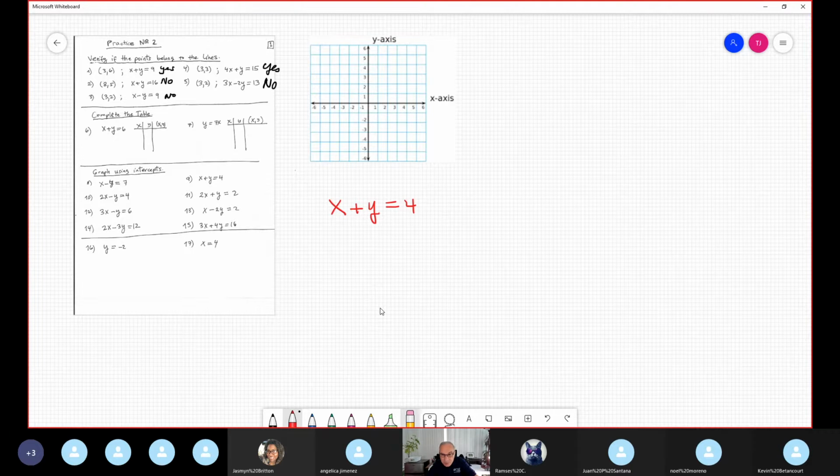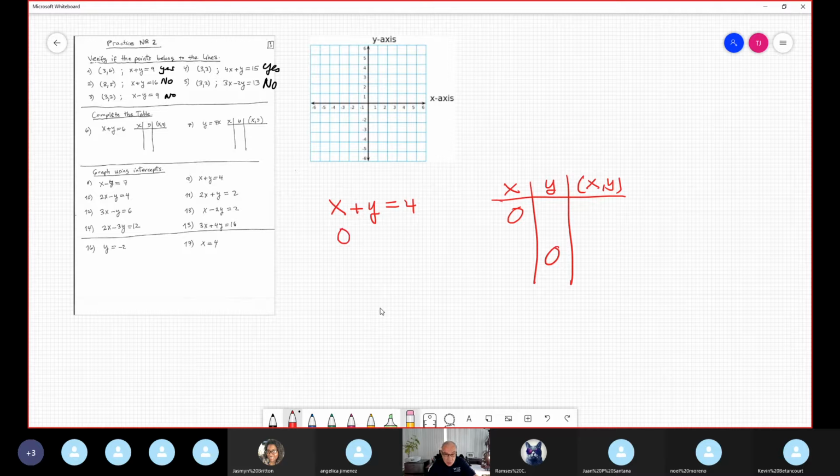Okay, let's do the table again. x, y, x comma y. Remember, day 1, we're using the intercepts. And an intercept has a 0 always, because it's a point where the line crosses the x or y axis, depending, no?